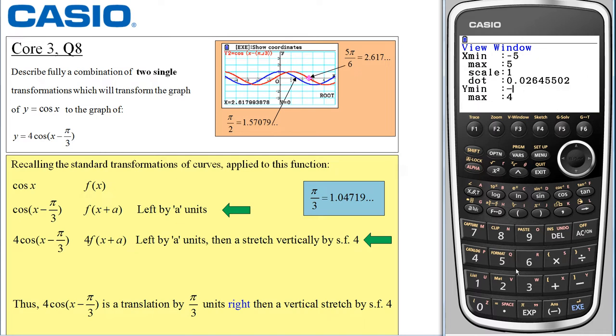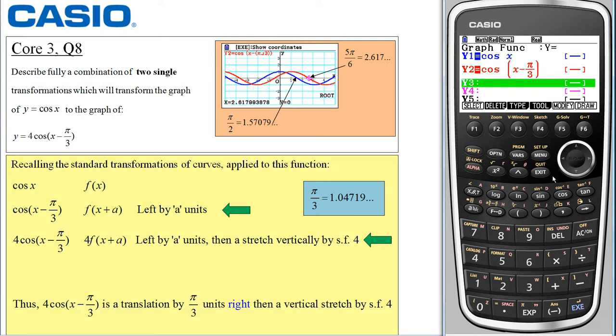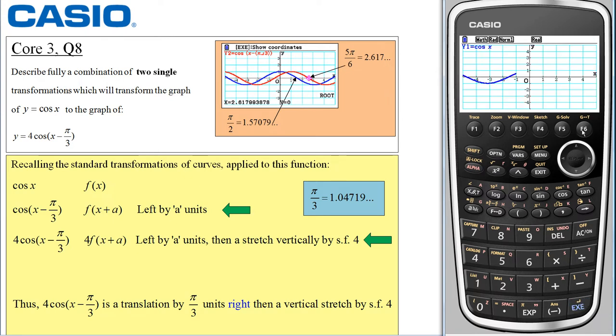So if I change this to minus 5 and 5, and I'll add the third function, which was 4 cos open bracket x take away pi over 3, and then I move out of the fraction and close the bracket. Okay, I select execute and F6 to draw.